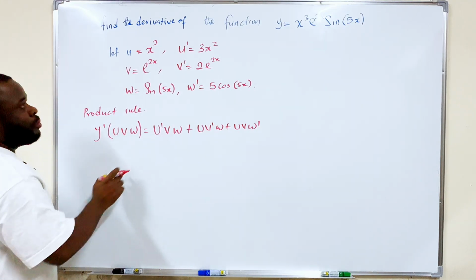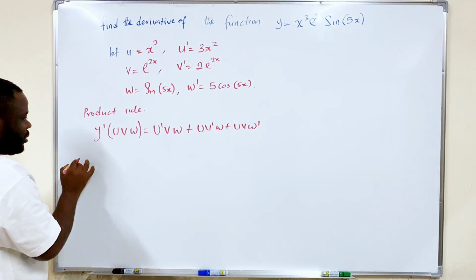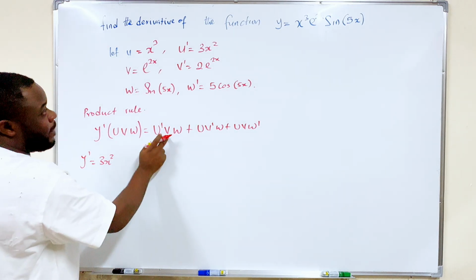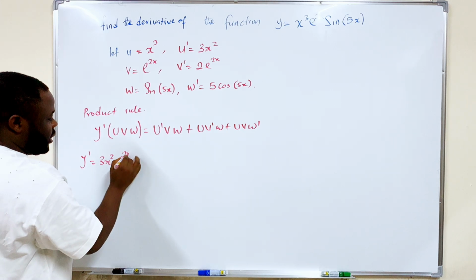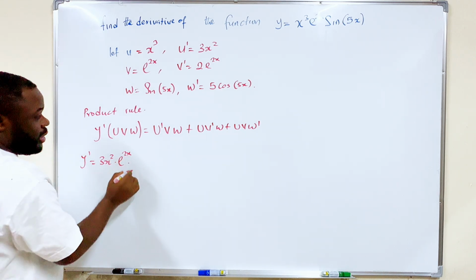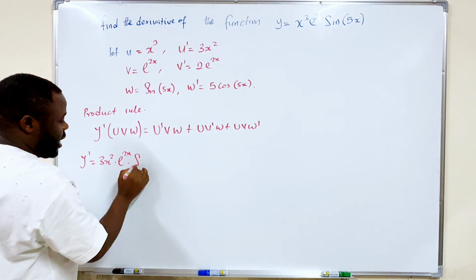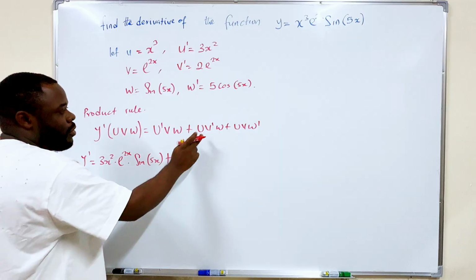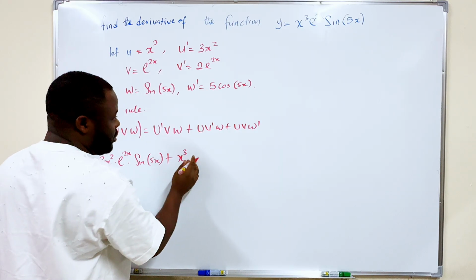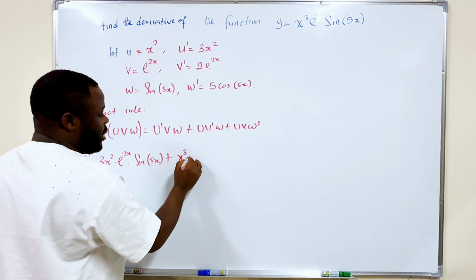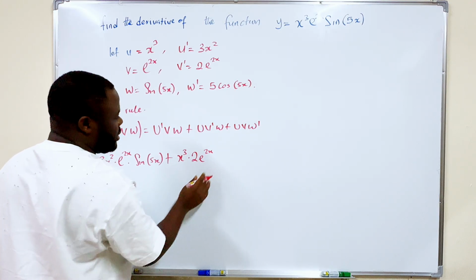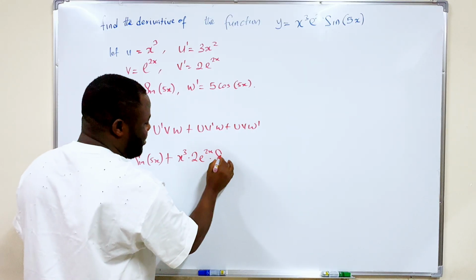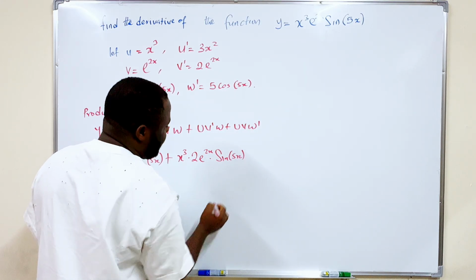So, what is u prime? u prime is 3x squared. So I'll say 3x squared multiplied by v, which is e to the power of 2x, then multiplied by w, which is sine 5x. Plus u, which is x cubed, v prime, which is 2e to the power of 2x, then w, which is sine 5x.